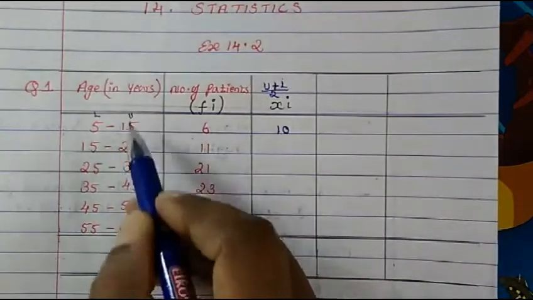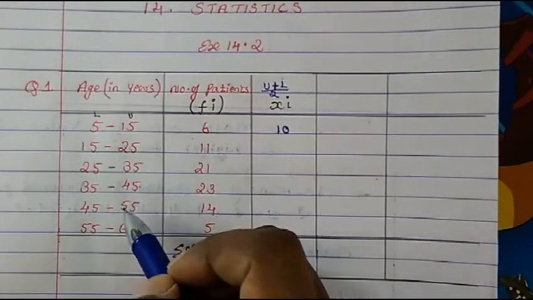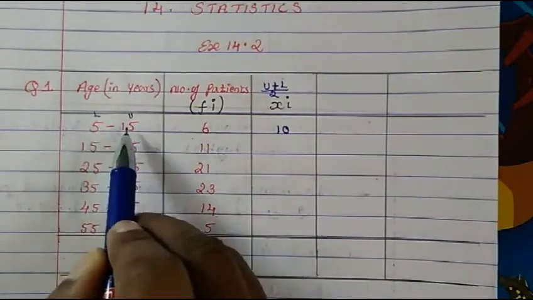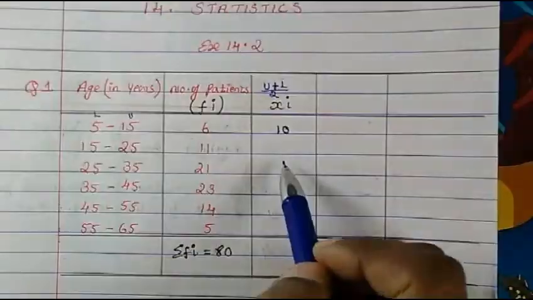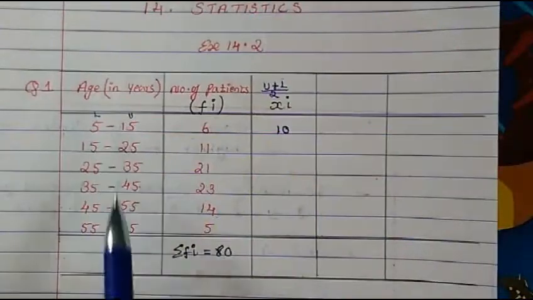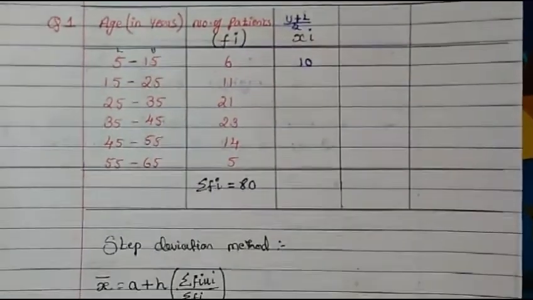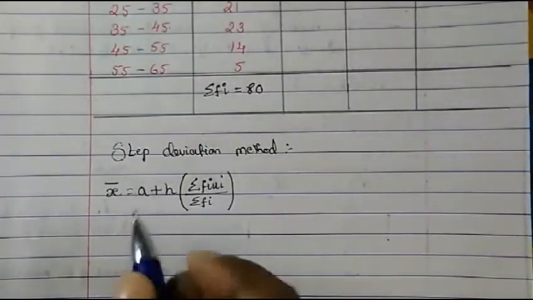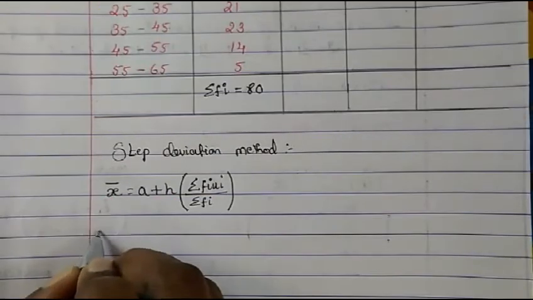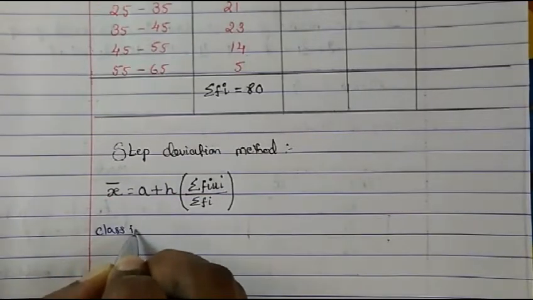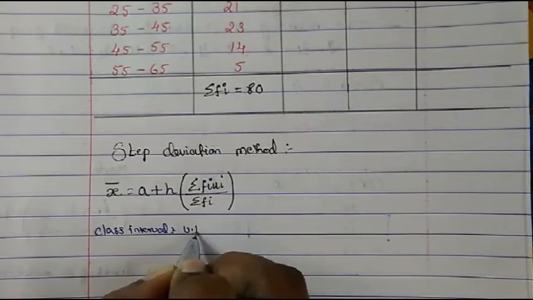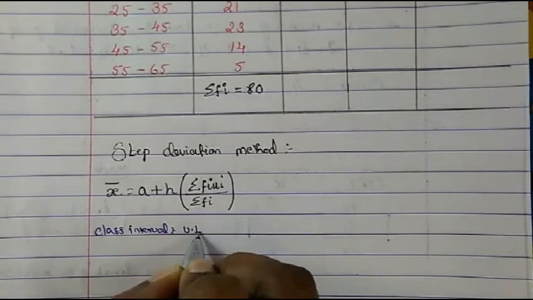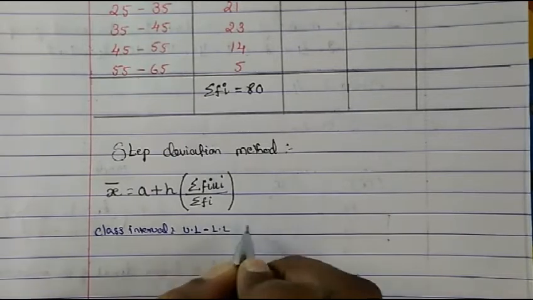Then let's check whether the class intervals are the same or not. Because once we know the class interval, if it is the same, we can just go on adding with that. So how do we find the class interval, the size? Class interval is upper limit minus lower limit.